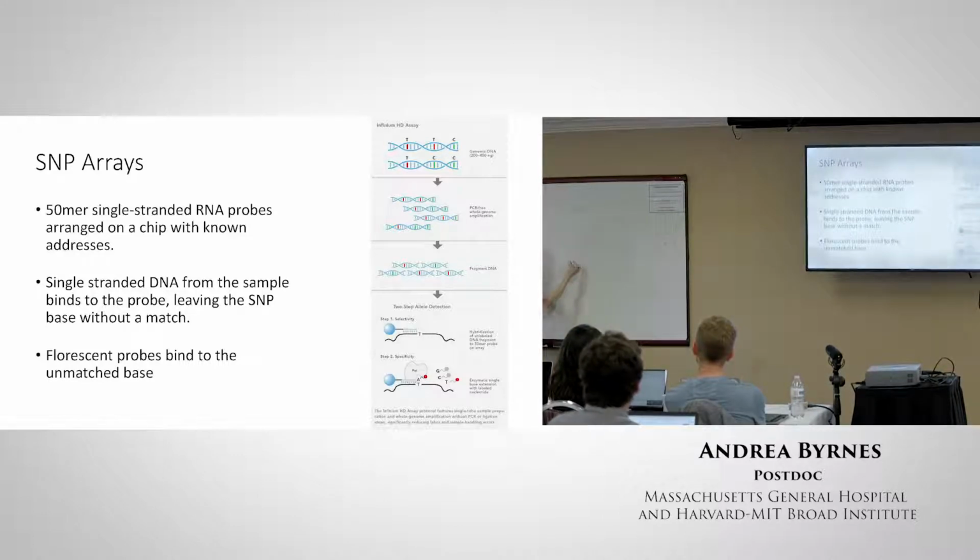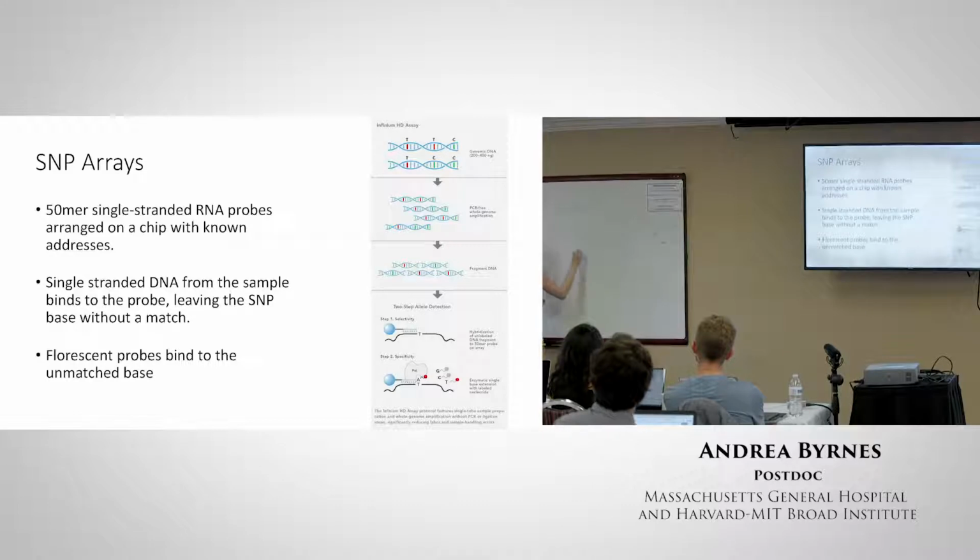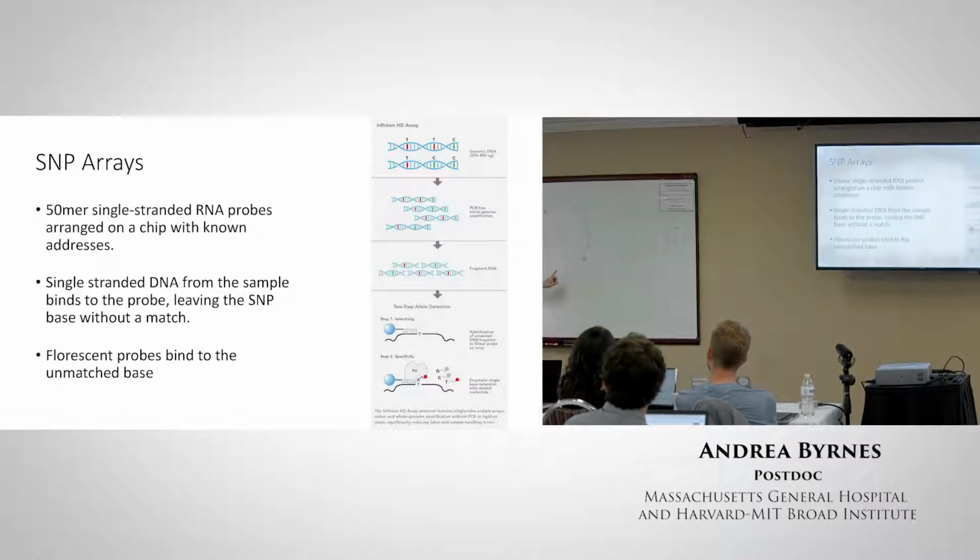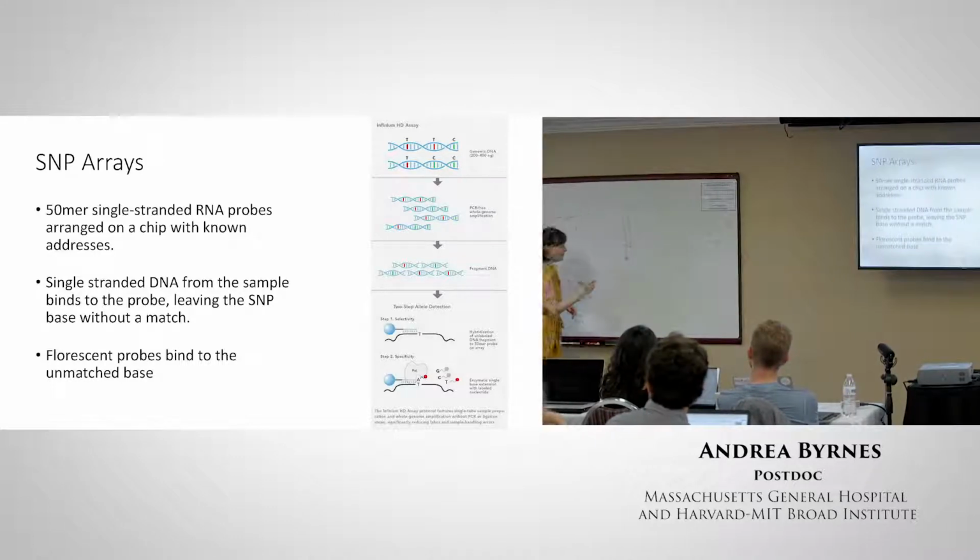But this is sort of the upshot: you have something like a microchip, something stable, and attached to it you have a piece of single-stranded DNA with a very specific sequence. This is probably not a probe for an actual gene, but you have a very specific sequence. Right now, modern chips usually have about 50 bases, and it's sticking up off the microchip.